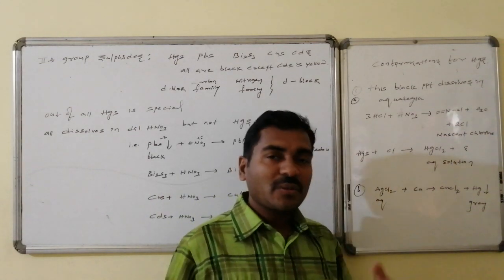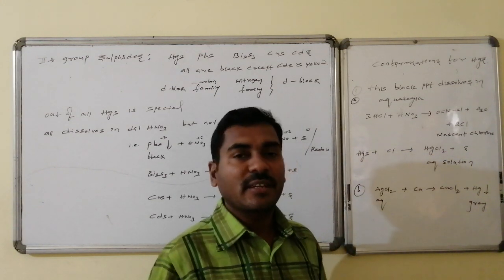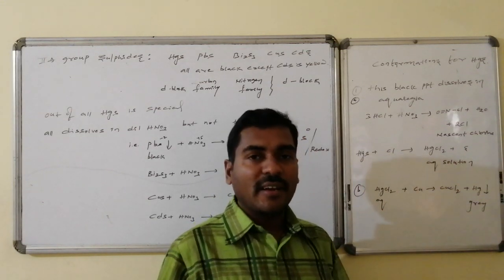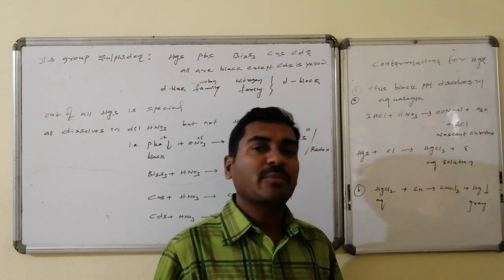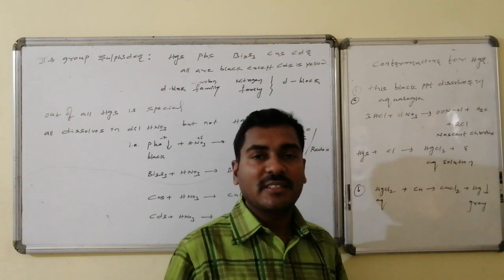This aqueous solution of mercuric chloride on reaction with copper turnings is converted to cupric chloride, followed by grey color deposits of mercury at the bottom of the test tube, which indicates the presence of mercury cation, Hg2+.